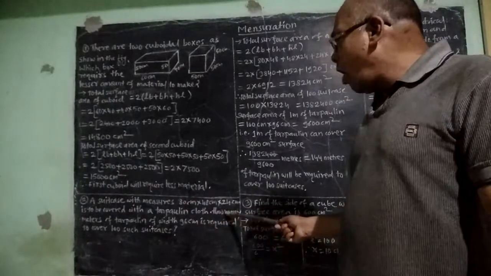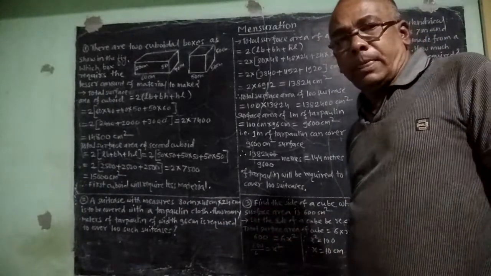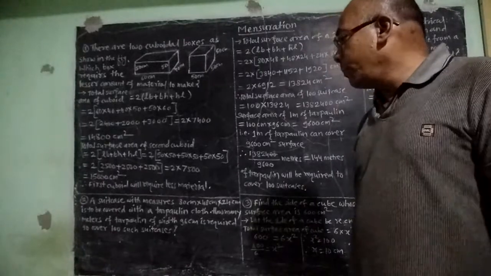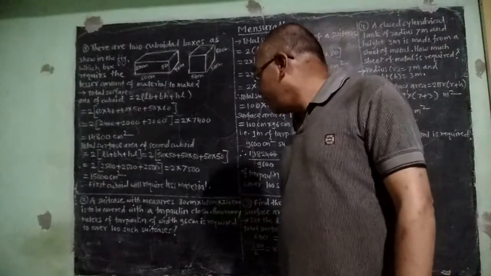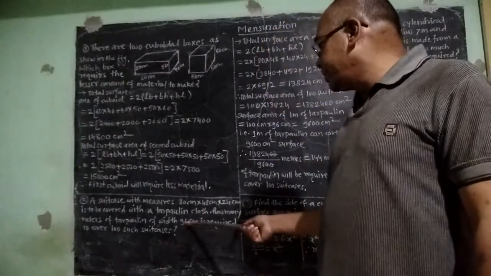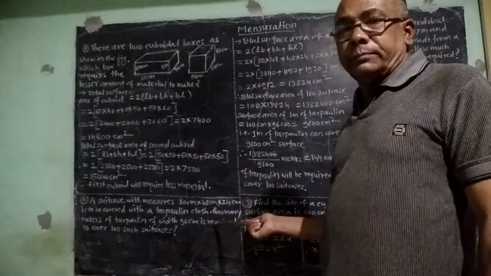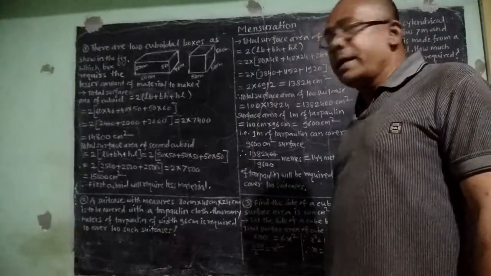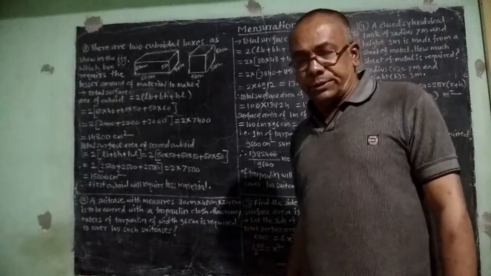How many meters of tarpaulin of width 96 centimeter is required to cover 100 such suitcases.